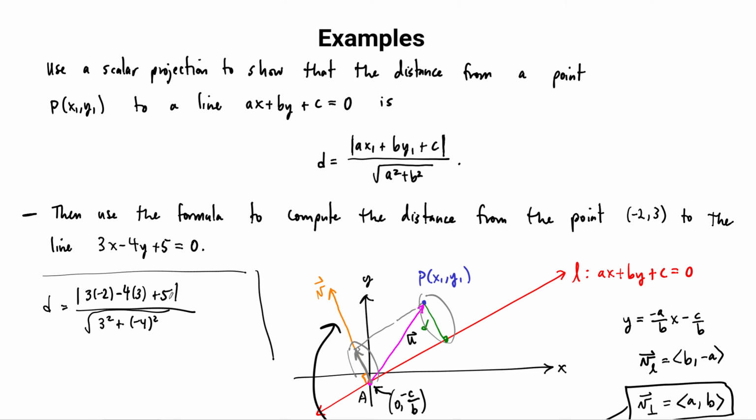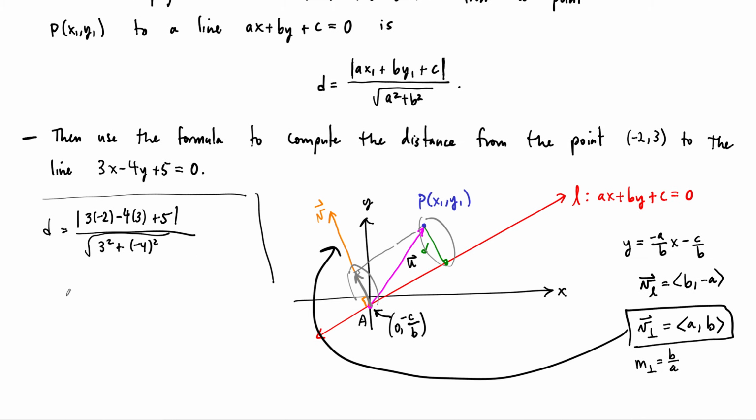And now we just have to simplify. So this is the absolute value of -6 minus 12 plus 5 over the square root of 9 plus 16. Well, you might know that's a Pythagorean triple, right? But this then becomes what? 18 minus 5 is 13 fifths, right? And that's the distance between this point and this line, just like that.